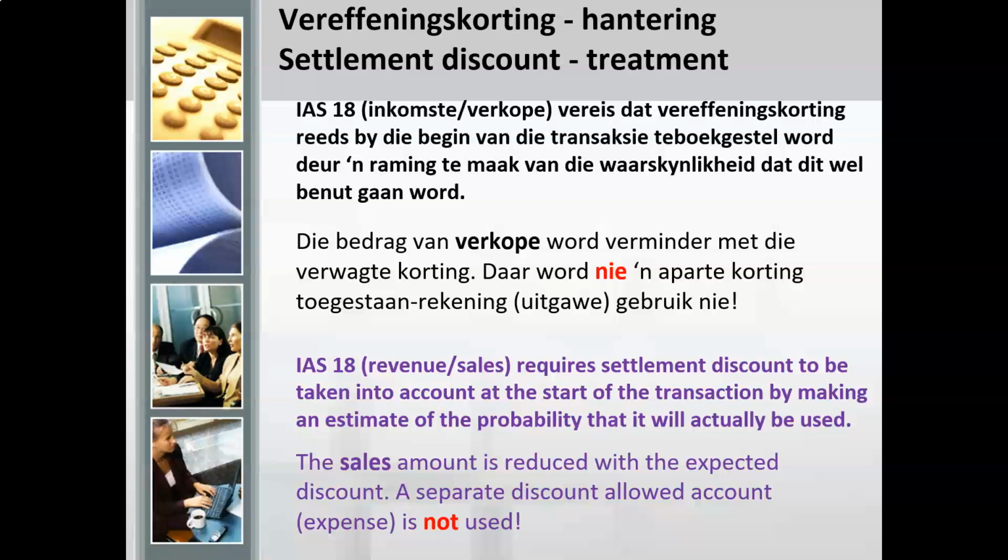We can only show then 9,500 Rand. And that is the reason why we have to deduct the allowance for settlement discount balance from our debtors account balance at the end of the year to arrive at a final net trade debtors balance, which will be shown on the face of the statement of financial position.